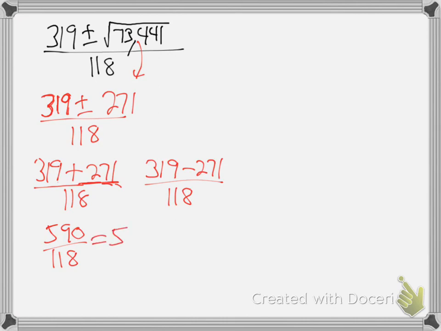That's nice. The other one is 48 over 118. Divide by, I don't know, divide by 2, I guess. 24 over 59, okay.